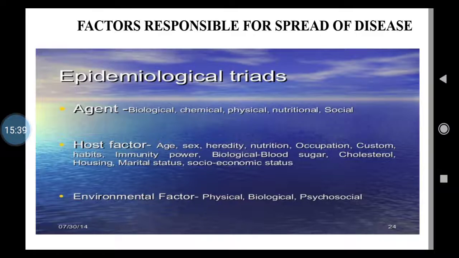Nutritional disorders are also very important. Certain customs and habits also are responsible for diseases, for example smoking can cause cancer. So this is another important host factor, responsible for the spread of disease.